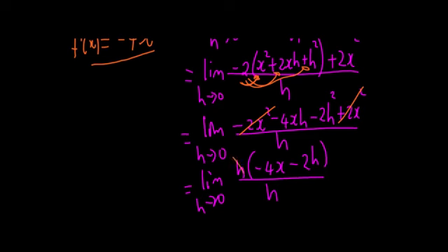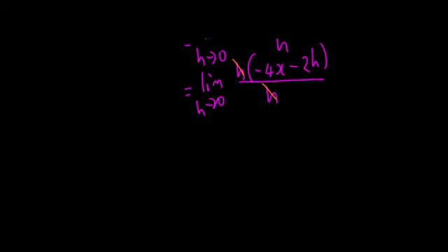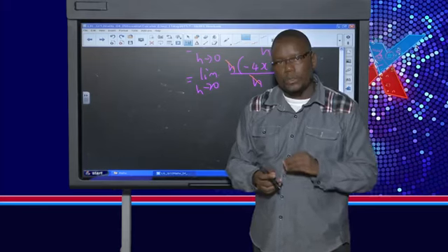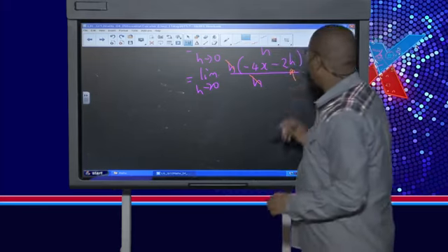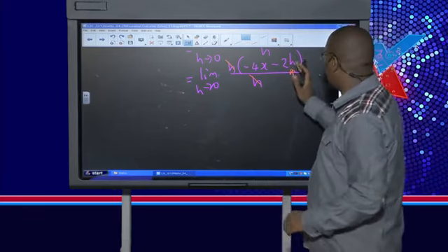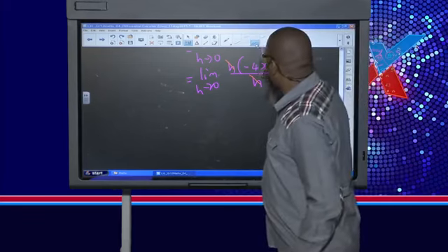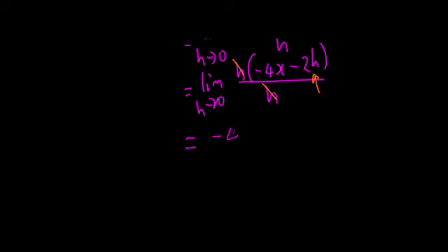The h divides the h, and we are left with minus 4x minus 2h. Now, it says as h gets closer to 0, so h approaches naught. If we plug in h equals naught, then our final answer will be minus 4x. So your f prime x is minus 4x.